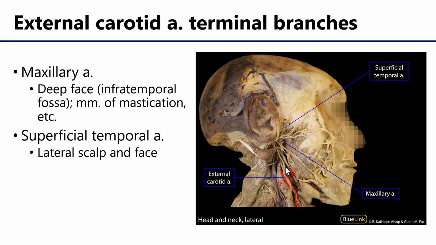As it continues to ascend here, it will give off the maxillary artery to serve deep face, as well as the superficial temporal artery, and we can see branches of that superficial temporal artery all throughout the temporal region. So it's servicing the lateral face and scalp with blood.